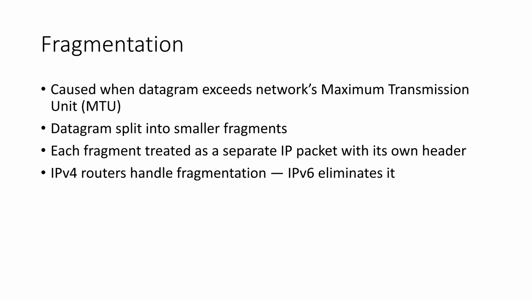The fragmentation process ensures that large datagrams can still be transported across networks with smaller MTU limits. The challenge lies in making sure fragments are correctly labeled and ordered so the receiver can reassemble them without loss or corruption. Modern IPv6 eliminates fragmentation by routers, but in IPv4 it remains an essential mechanism.